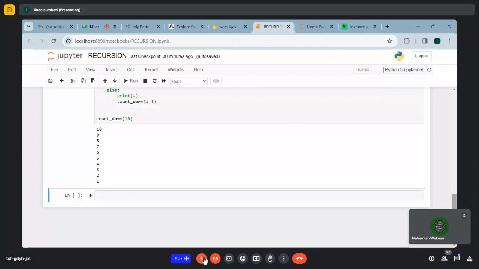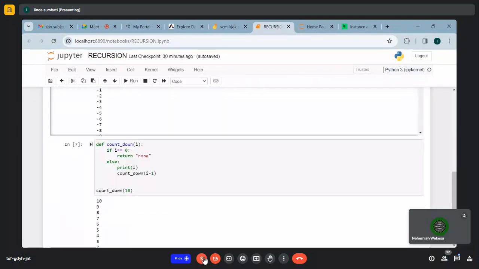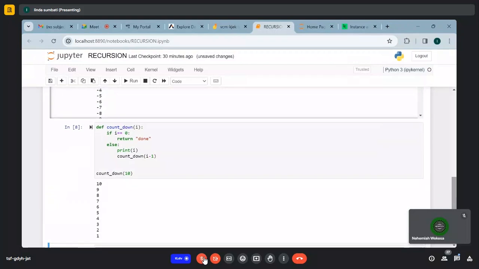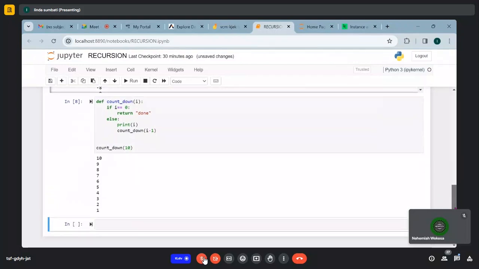Wonderful. Linda, can you go back to the function? You see where it's written none? Can you delete it and write done, and then print it? I want to see something. Okay, it's alright, because there's another function in the modules that was even printing the word done, so I wanted to confirm.